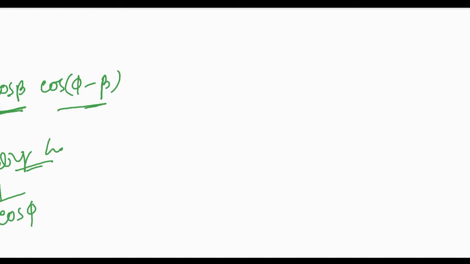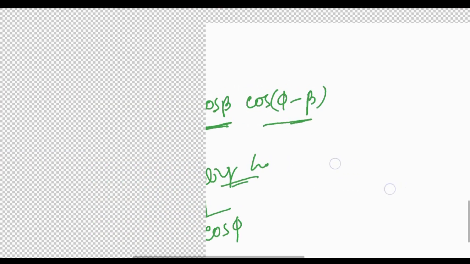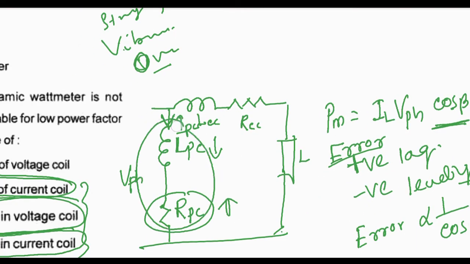And the third one is that a capacitor can be connected across the RPC to compensate the error due to that inductance.